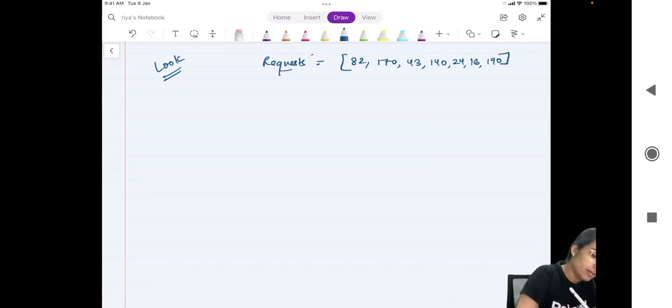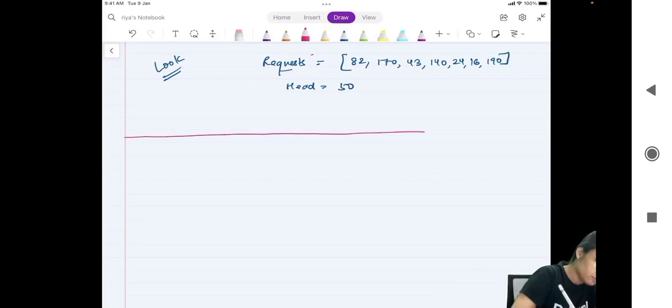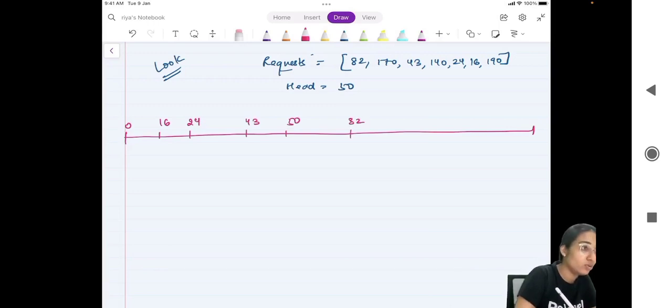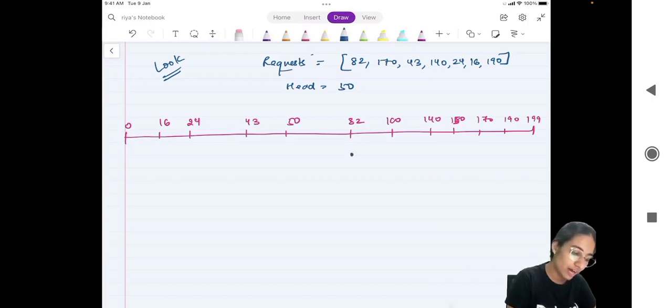And here the head is at 50. Here we start with 0, 24, 43, 50, 82, 100, 140, 150, 190, 199.